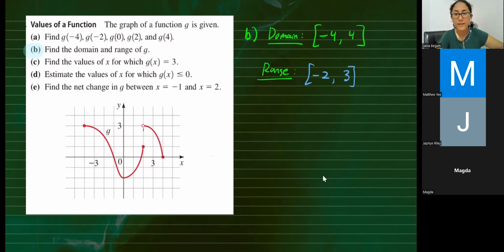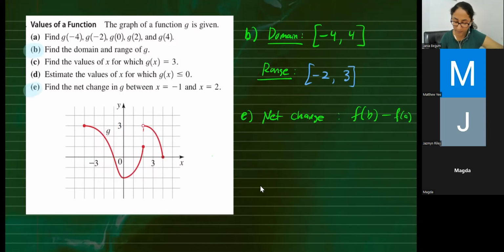So part E, all right, so let's do part E. For part E, we're looking for the net change. So net change, we know that that is actually f of B minus f of A. That's the formula for net change.